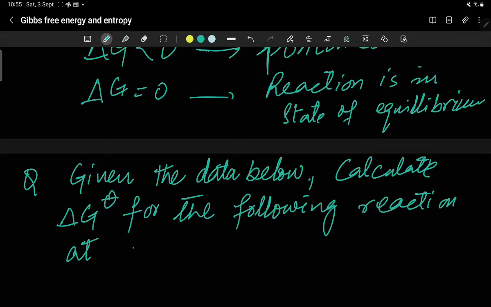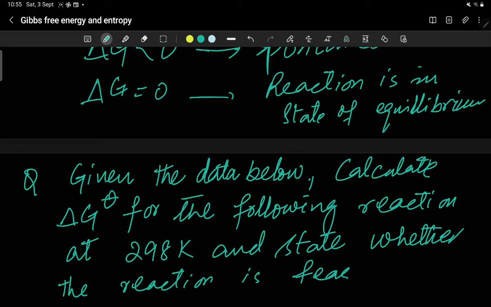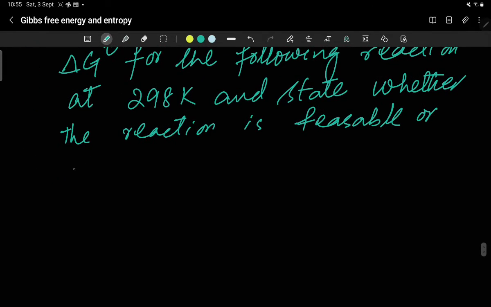At 298 Kelvin, state whether the reaction is feasible or not feasible.